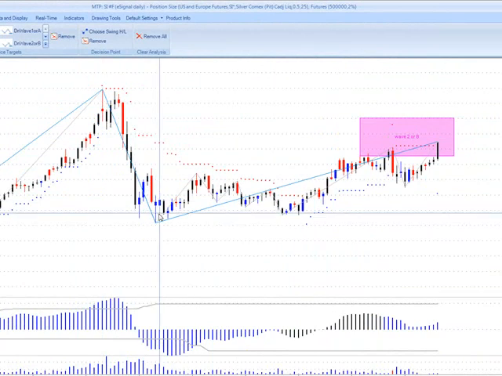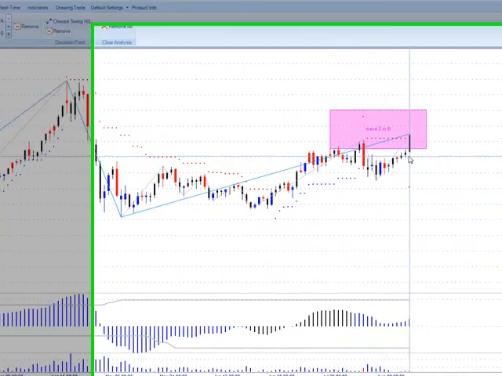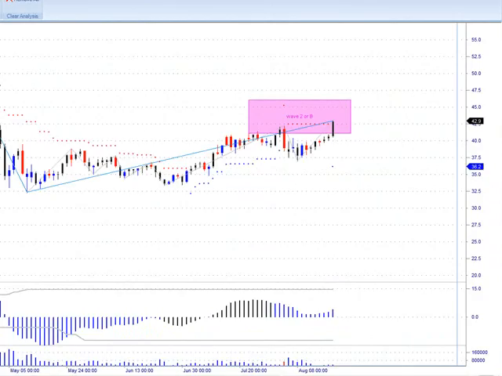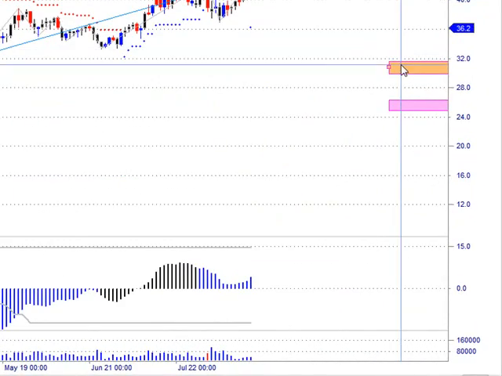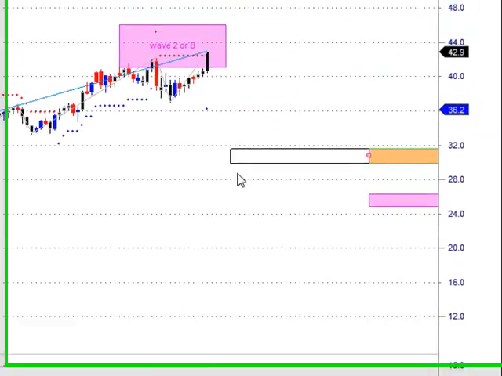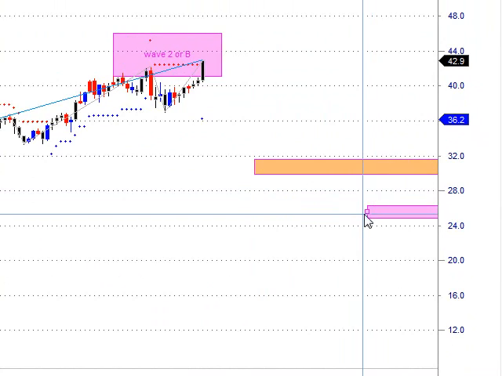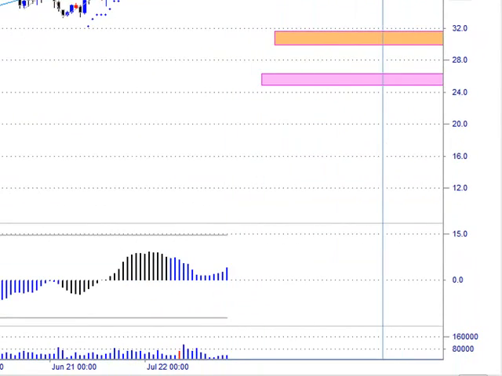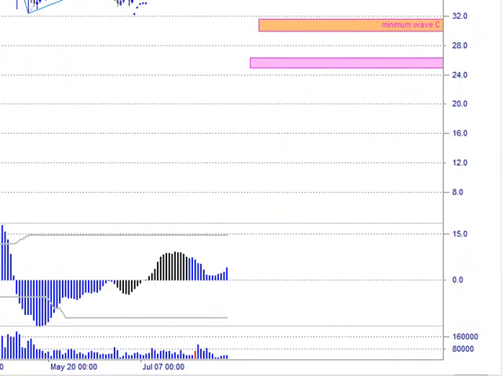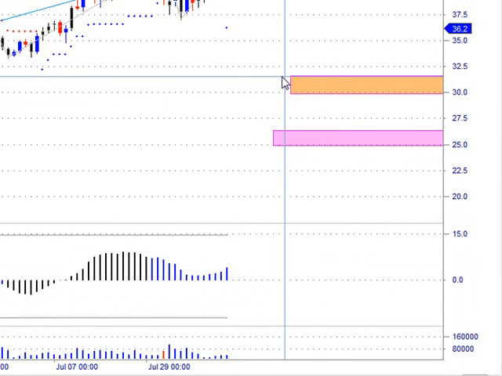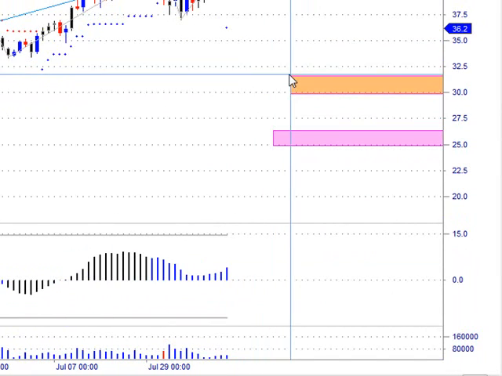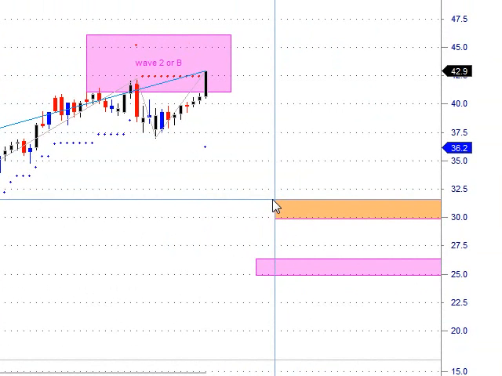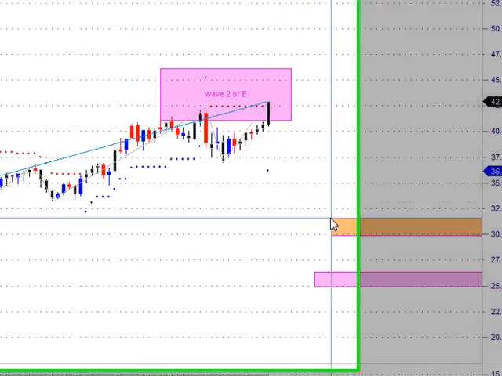Again, let me squeeze this up here. Here's our minimum wave C support and the typical wave C support. So that support would come in sitting right about 31.60 in silver.